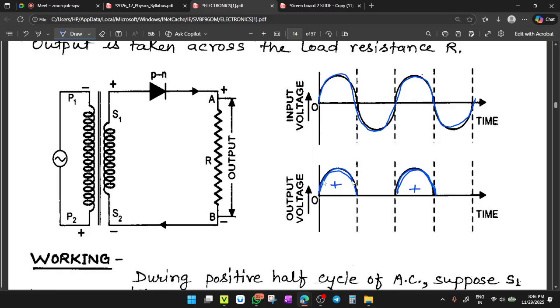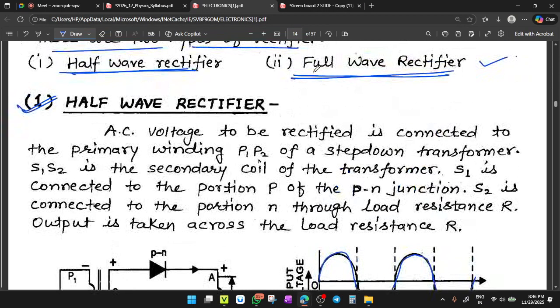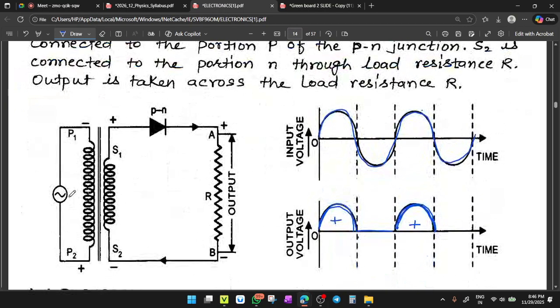Only the positive cycle supply will be provided by the diode and the negative cycle will be omitted, blank, no signal will be presented for the negative cycle. Clear? So this is called a half wave rectifier. See how it works. The AC voltage to be rectified is connected to the primary winding P1, P2 of the step down transformer. So you have an AC supply of 220 voltage there.